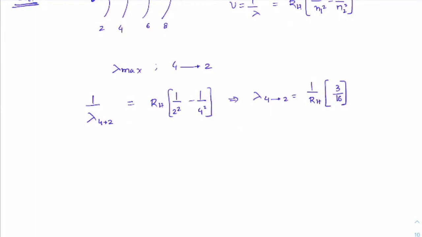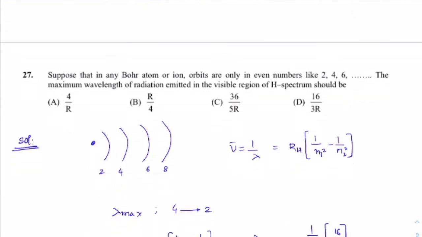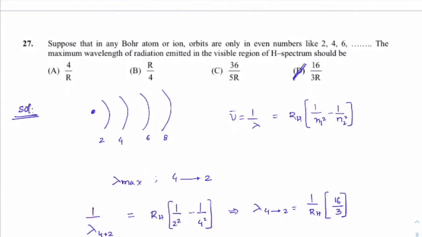So that would be the reverse of it, because I made that lambda to get the inverse. So therefore the answer would be lambda max equal to 16 by 3 RH. Okay, so that is what is asked. So you can check, which will be answer D.